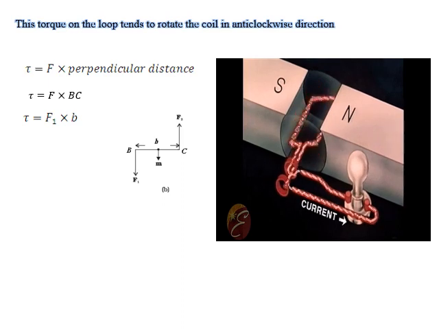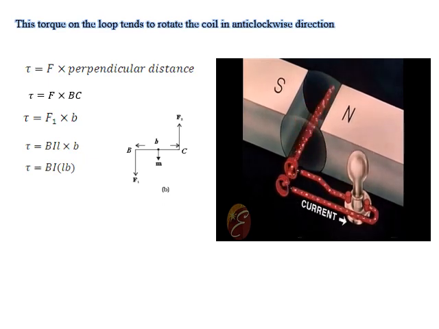Both are the same, F1 is the same as F2, so any one force, F1, into that perpendicular distance, which is the distance between the forces F1 and F2, that is given as b. Now torque is equal to, substituting for force BIL into small letter b, I will be getting BI into LB.